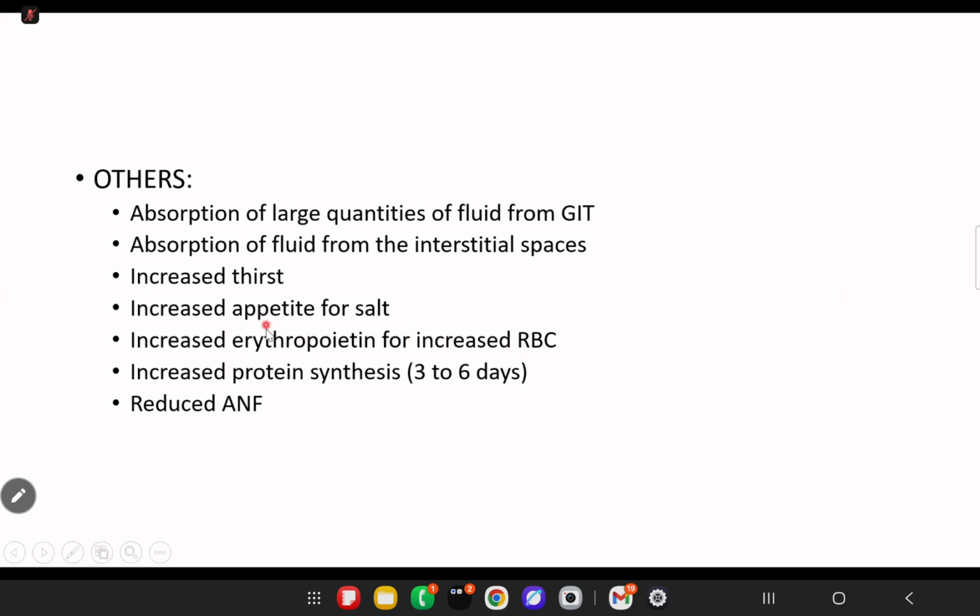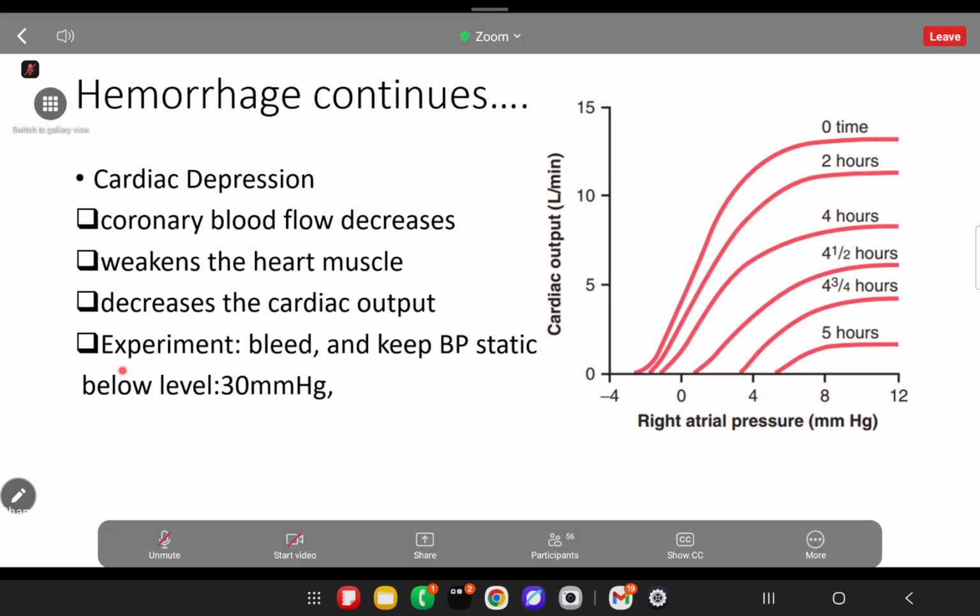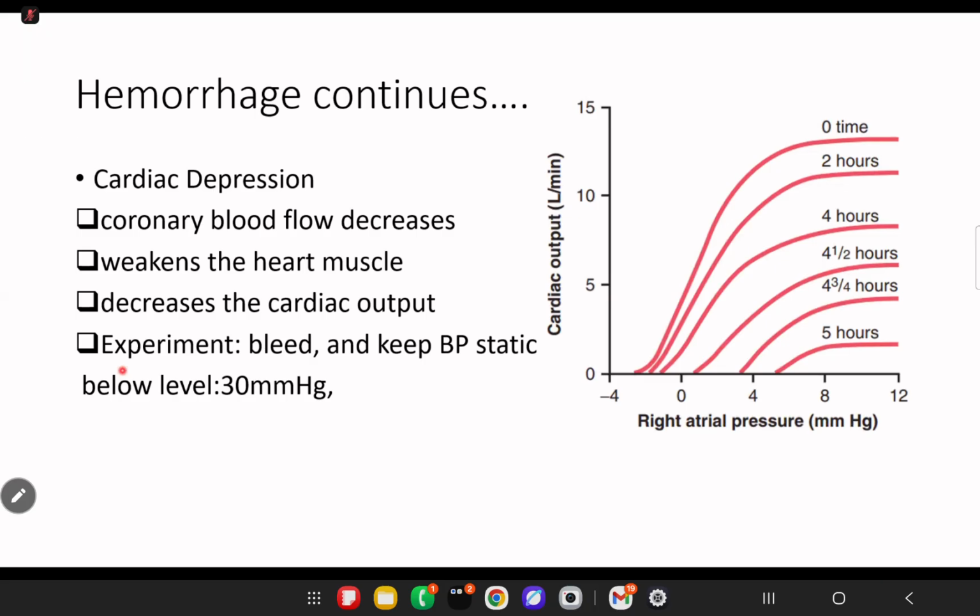There is increased erythropoietin, which will increase your RBC, and increased protein synthesis, which will take about 5 to 6 days, and it will reduce the antinephrotic factor, which will reduce your diuresis again from the kidney. Now, once your hemorrhage moves beyond a certain point, you go into what is called cardiac depression.